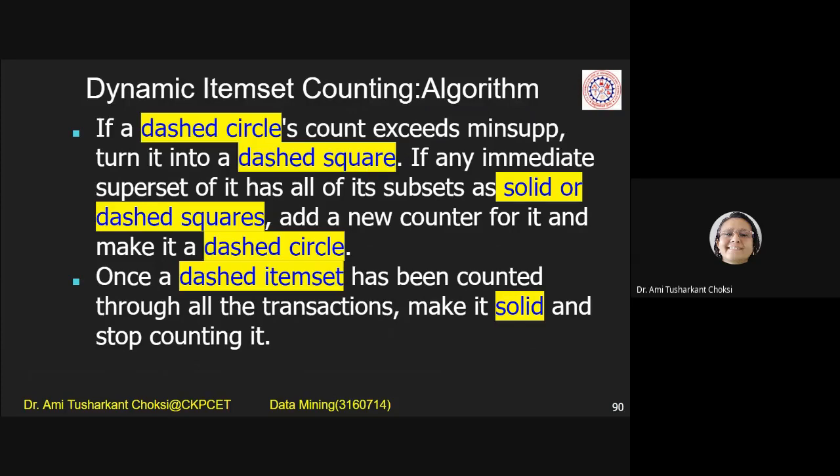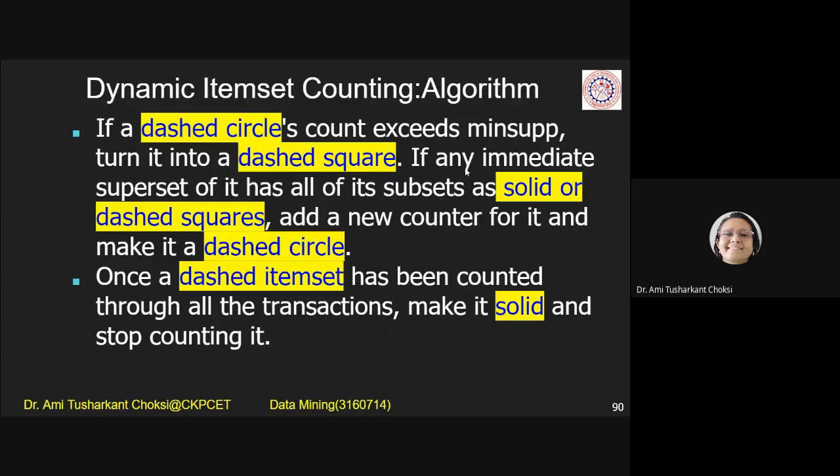Dash circle means suspected infrequent; dash square means suspected frequent.